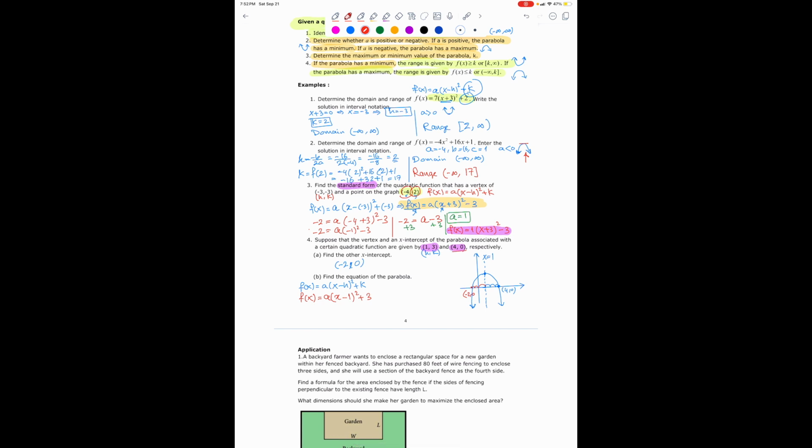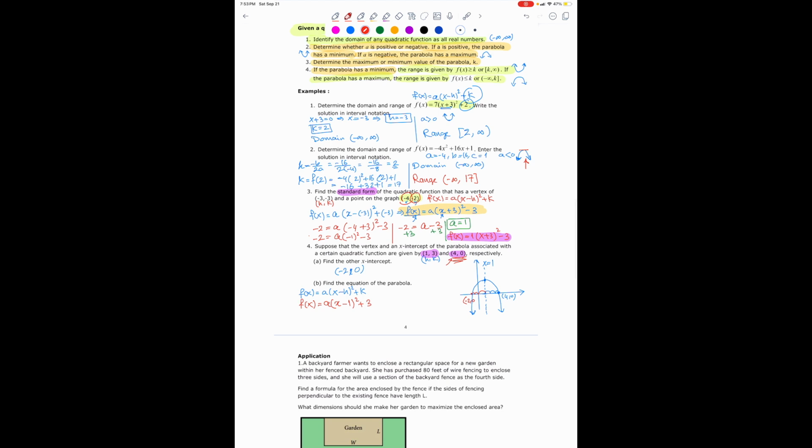Now we're going to use the given x-intercept in order to find the a value. So we can do this by plugging in (4, 0) here. So we're going to plug in x is 4 and y is 0. So 0 equals a times (4 minus 1) all squared plus 3. And that will lead to 0 equals 9a plus 3, since 4 minus 1 is 3, and squared is 9.